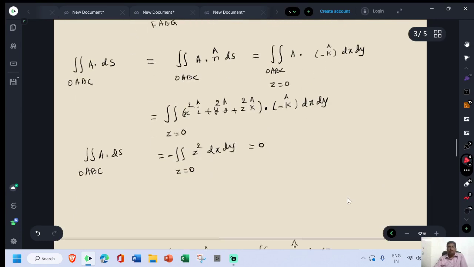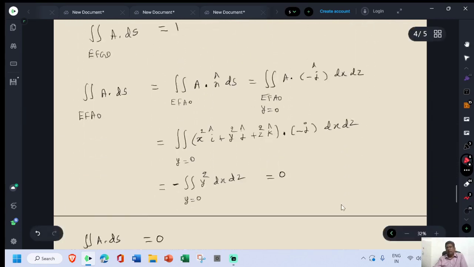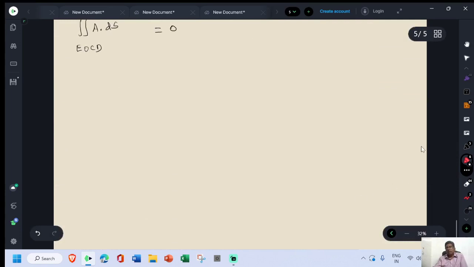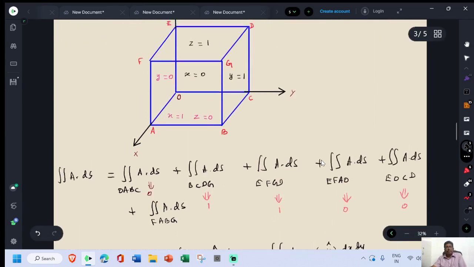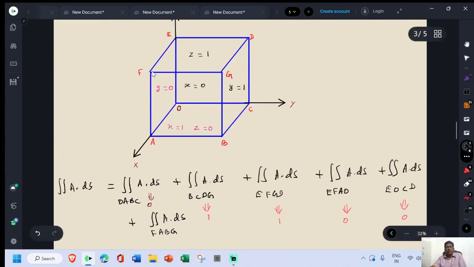A dot dS over FABG. The double integral of A dot dS over FABG is equal to the double integral of A dot n cap dS. Go to the face FABG.